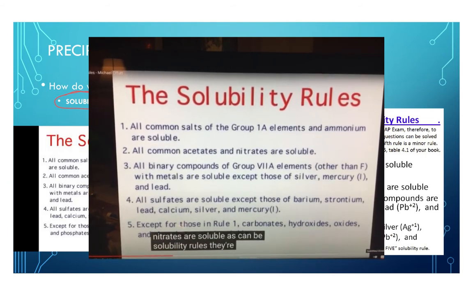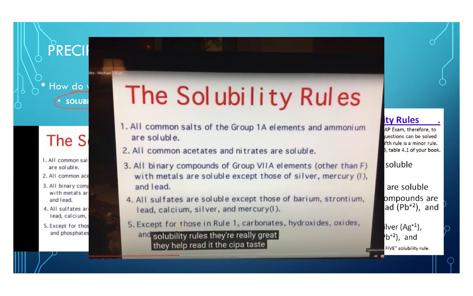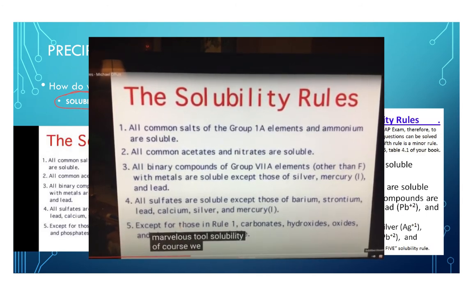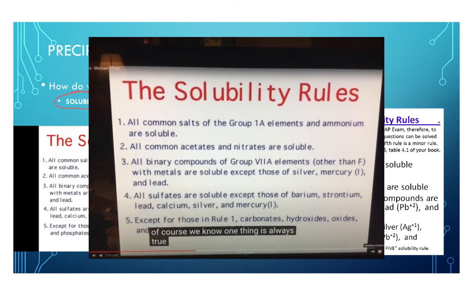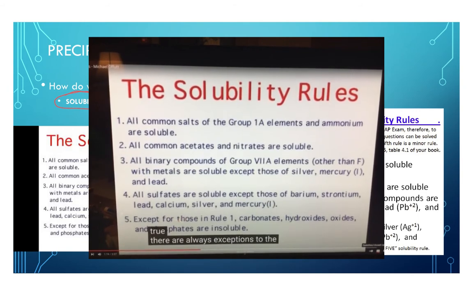Solubility rules, they're really great. They help predict precipitates. What a marvelous tool. Solubility rules. Of course we know one thing is always true. There are always exceptions to the rules.